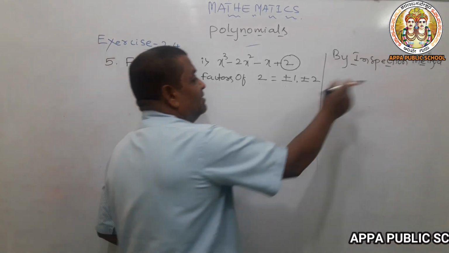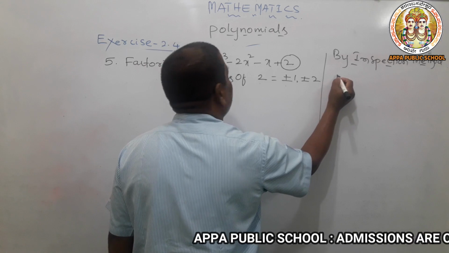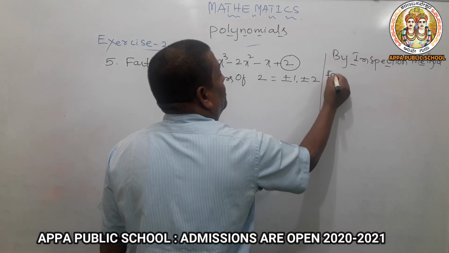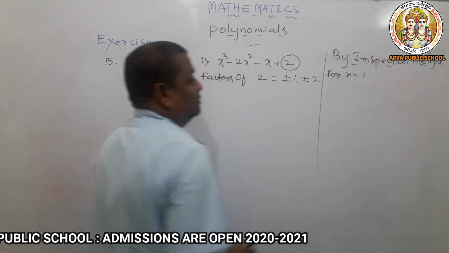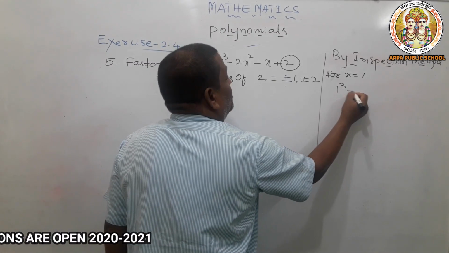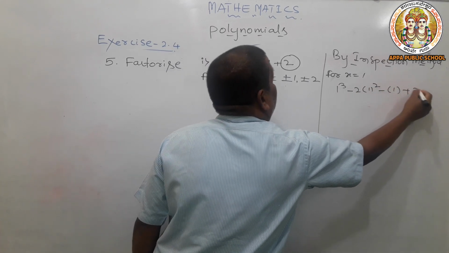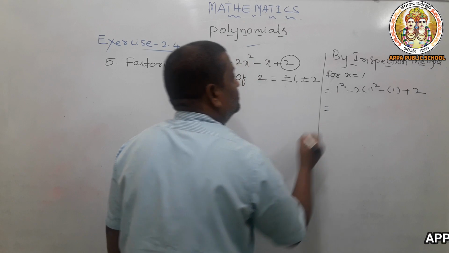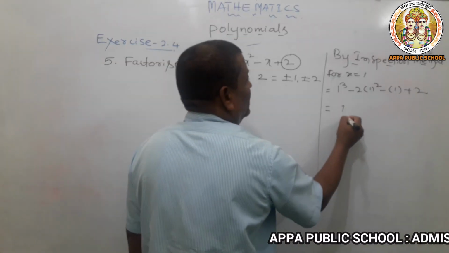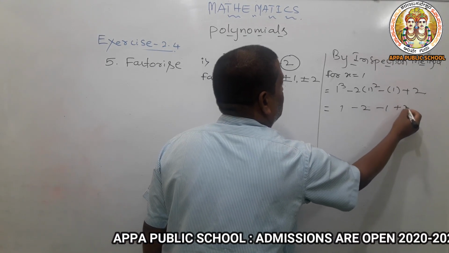Let me see by inspection method. Suppose for x is equal to 1, we check it: 1 cube minus 2 of 1 square minus 1 plus 2. Open the brackets: 1 minus 2 minus 1 plus 2.